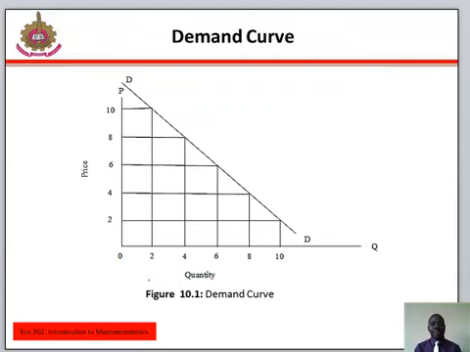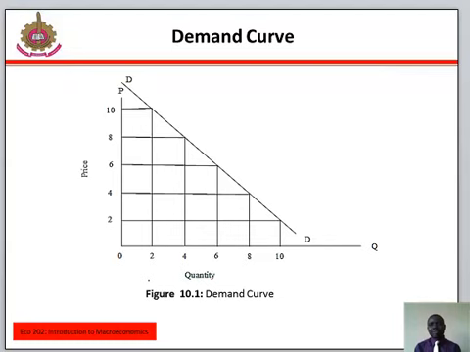Demand curve. A demand curve is a graphical representation that abides by the law of demand. It shows how the quantity demanded of some products during a specific period of time will change as the price of that particular product changes, holding all other determinants of the quantity demanded constant.